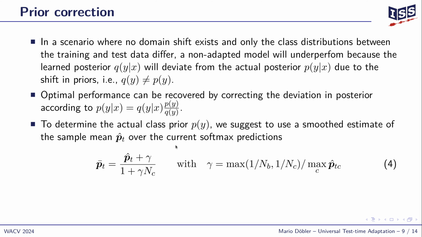The difficulty arises since we only have a batch of data available, so we employ an additive smoothing scheme with an adaptive gamma here, and this gamma will be small if our batch of data tends to have high priors for few classes, and is large if our batch tends to be uniform.